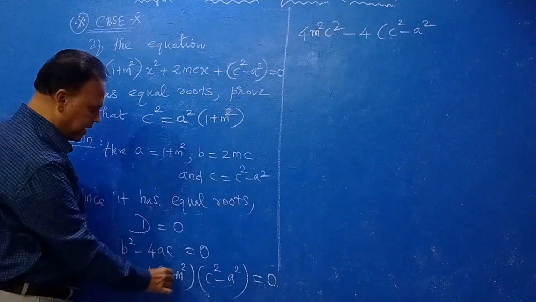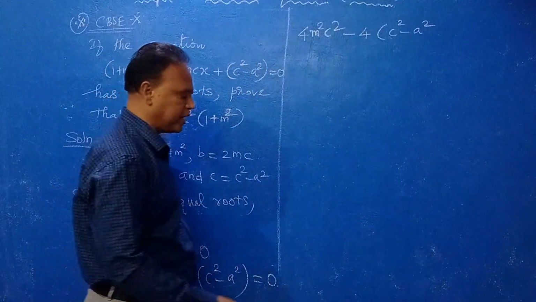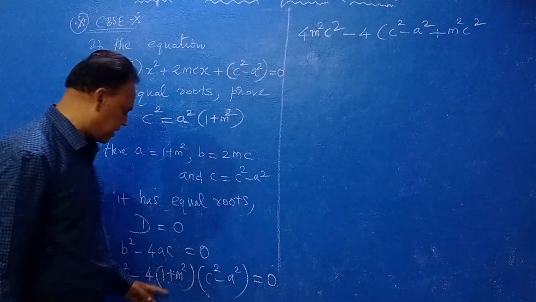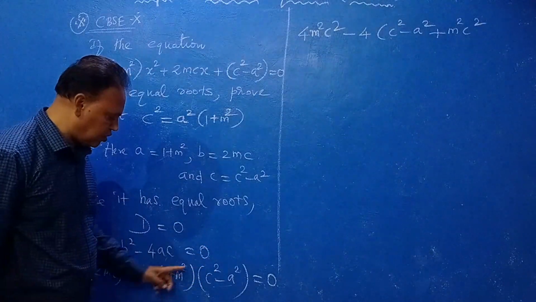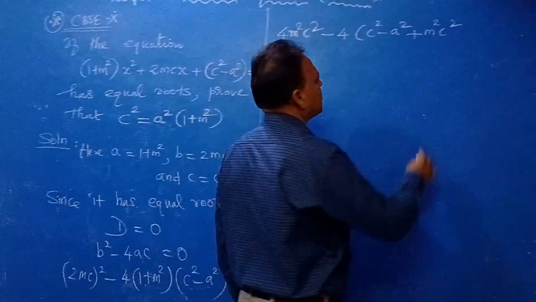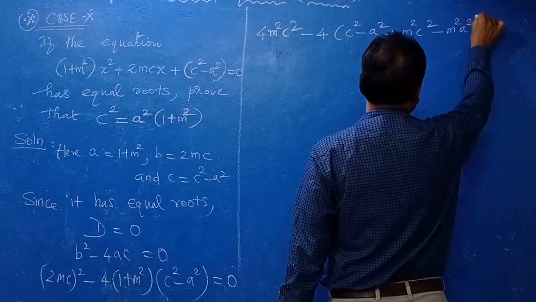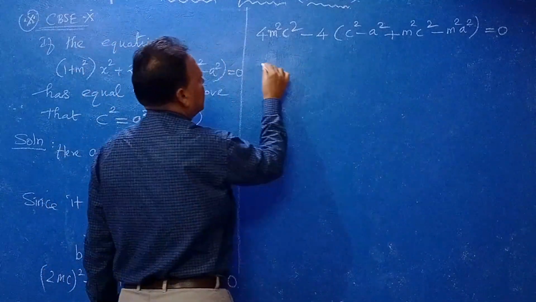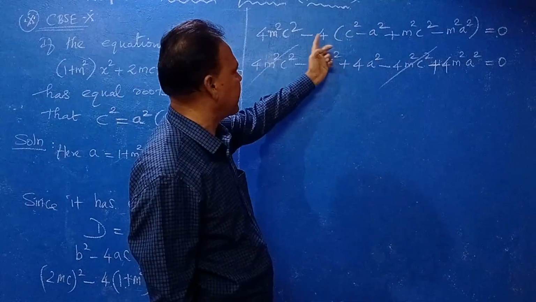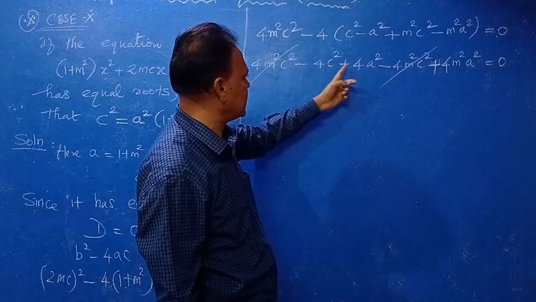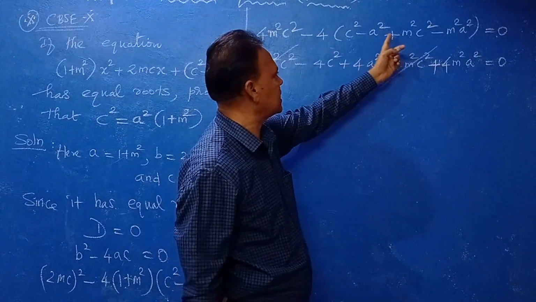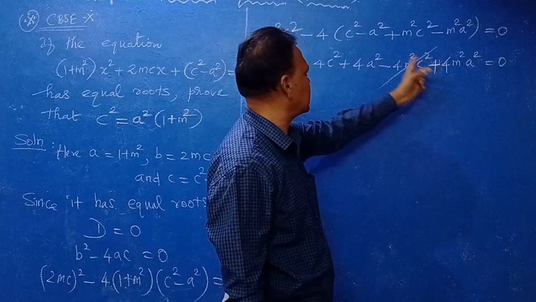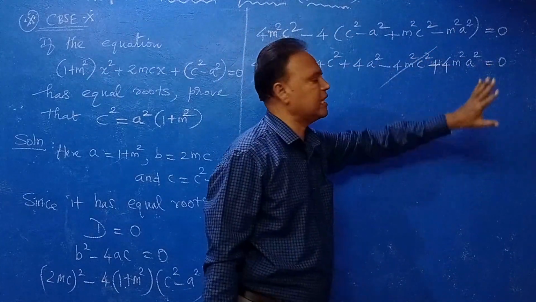Then m squared you multiply: m squared c squared minus m squared a squared. Here the bracket is very important. 4 is common. Now multiply this 4: minus 4c squared, minus into minus plus 4a squared, minus into plus minus 4m squared c squared, then minus into minus plus 4m squared a squared equal to 0.